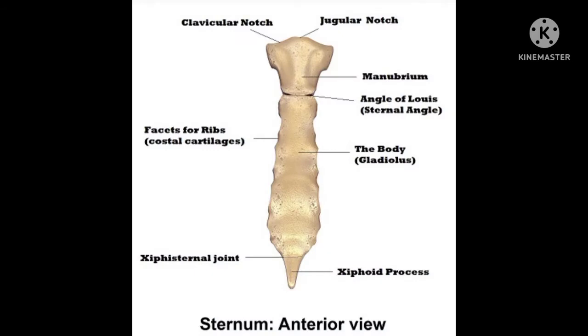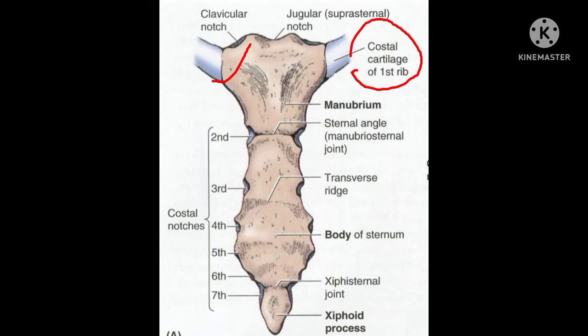This is the structure of the sternum, anterior view of the sternum, otherwise called the breastbone. It has mainly three parts: the manubrium, the body of the sternum, and the xiphoid process. You can see on either side of the upper part of the manubrium, the costal cartilages of the first ribs are attached.